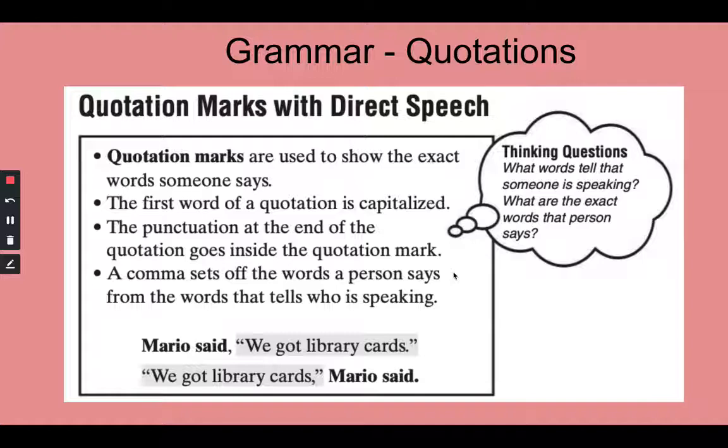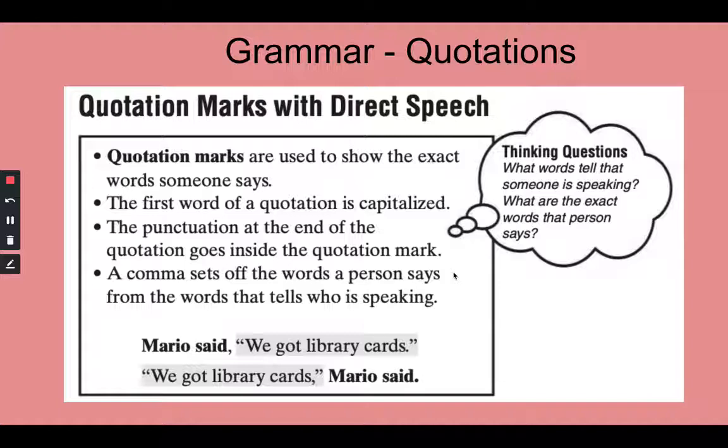Let's look at this first example. Mario said, "We got library cards." This is a statement or declarative sentence, which we learned about in the last lesson, so there is a period at the end. This quotation starts by telling us who is speaking, Mario. Notice how there are not quotation marks around Mario said. Also notice there is a comma separating Mario said, or the words telling the reader who is speaking, from what is being said.